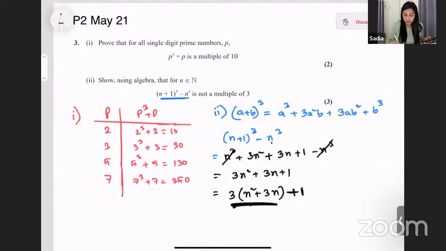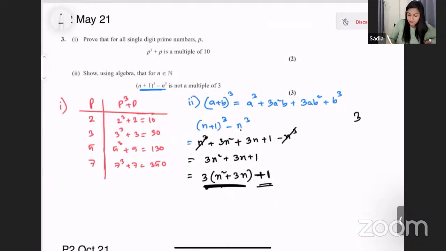So this first portion is a multiple of 3, and then you are adding 1 to that. So overall, this value will never be a multiple of 3. That's because multiples of 3 have to be at a difference of 3, right? If I just look at the values, 3, 6, 9, 12, 15. As you can see, the differences are what?